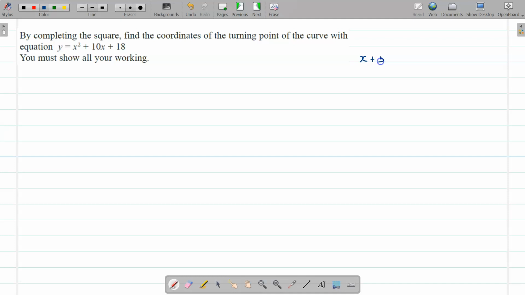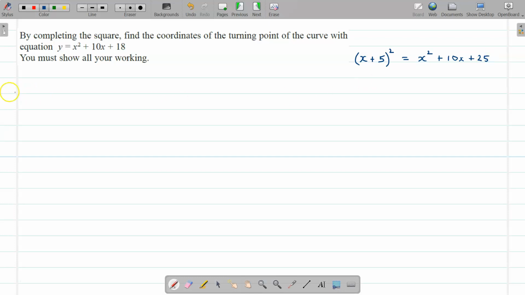So x plus 5 all squared would give us the x squared. It would also give us the 10x. But it will also give us something we don't want, which is plus 25.